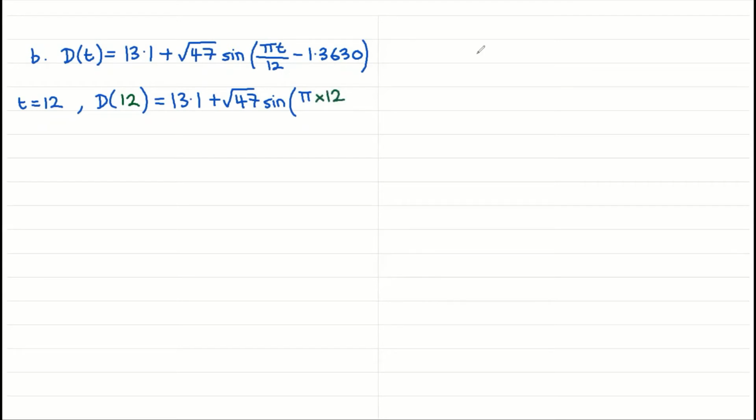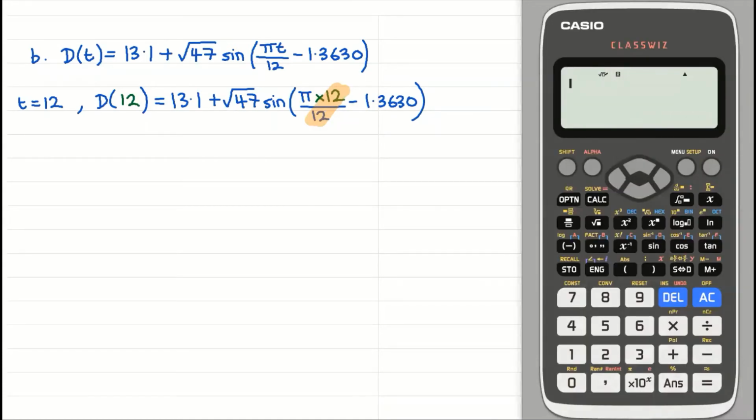Okay, and then that's divided by 12, so got some nice cancellation there. Subtract 1.3630. So as I just mentioned, there is going to be a cancellation here, so that's going to simplify to just pi. And we'll just do this on the calculator and see what we get.